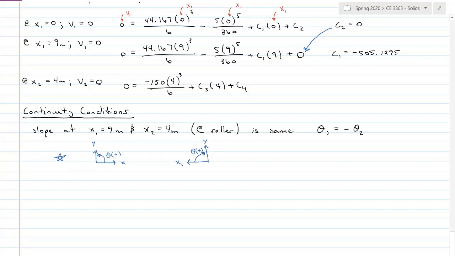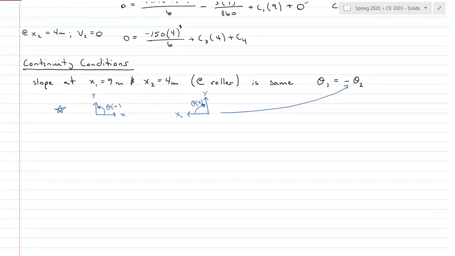So if we want the slope to be the same, it has to be the same magnitude and the same direction. So in order for that to happen, one of the signs has to change on one of my coordinate systems. If you're not first, you're last, so I'm changing theta 2. So what this is saying is if I have a counterclockwise theta 1, then to make it a counterclockwise theta 2, I have to change the sign, okay?